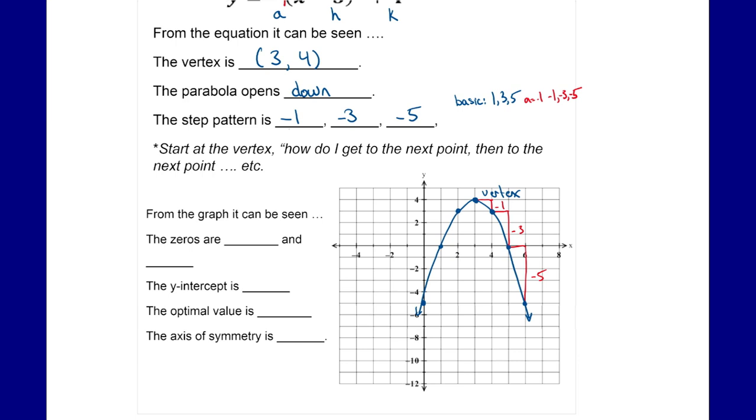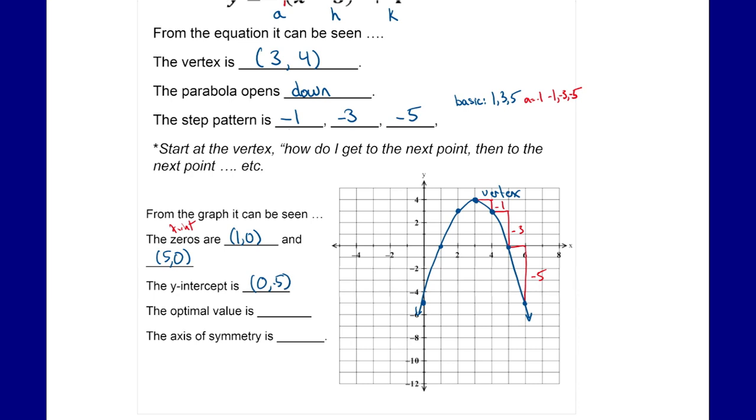Again, from here we can find our zeros, or the x-intercepts. Where it crosses the x-axis, they are (1, 0) and (5, 0). Our y-intercept, where it crosses the y-axis, is (0, -5).